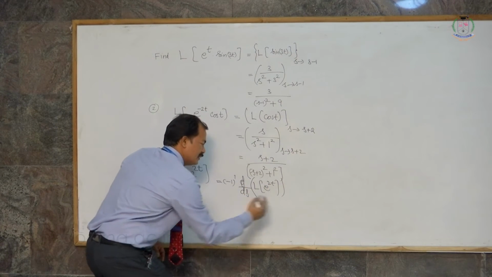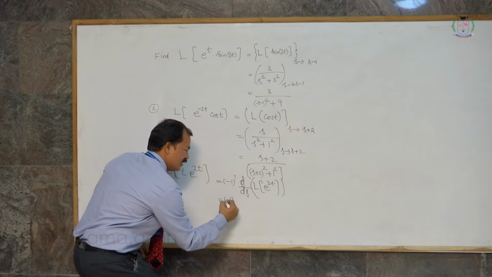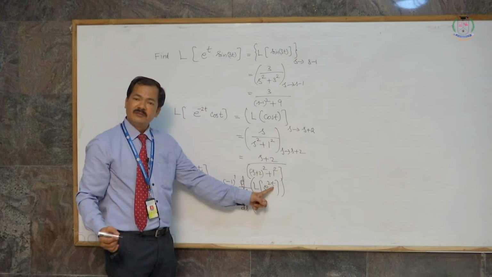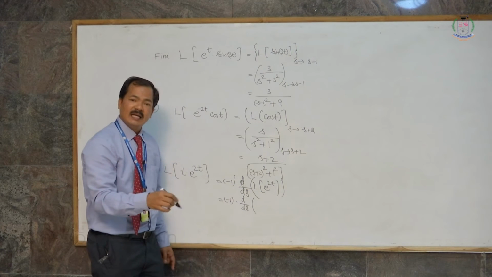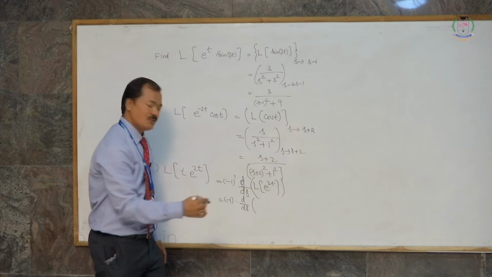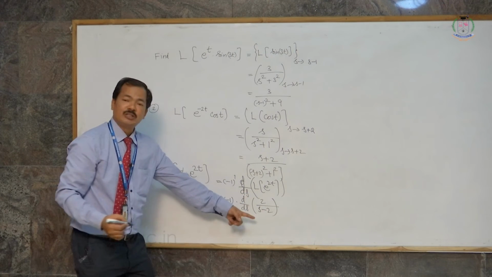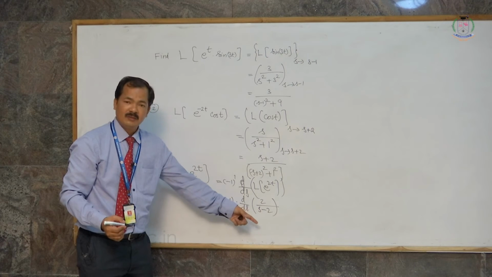So, that is equal to minus 1 into d upon ds of Laplace transform of e power 2t, it is 2 over s minus 2. It is in quotient form, u by v rule.